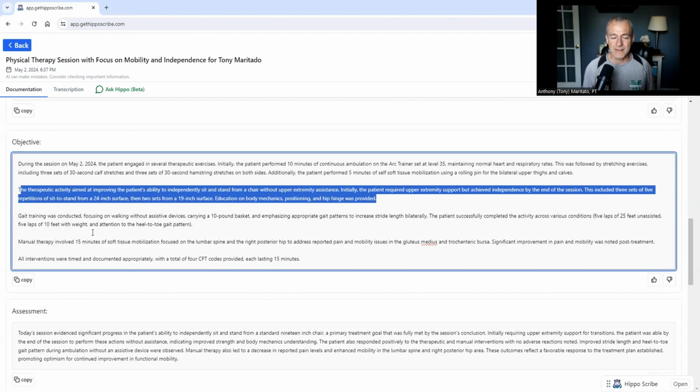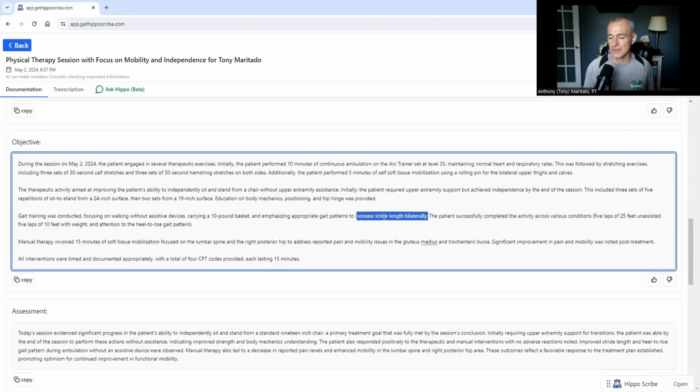Gait training was conducted, focusing on walking without an assistive device, carrying a 10-pound basket, emphasizing appropriate gait to increase stride length bilaterally. The patient successfully completed the activity across various conditions: 5 laps of 25 feet unassisted, 5 laps of 10 feet with weight, and attention to heel toe gait pattern.